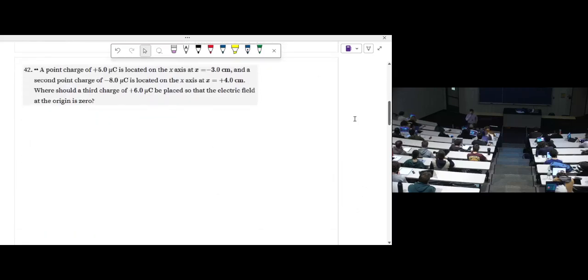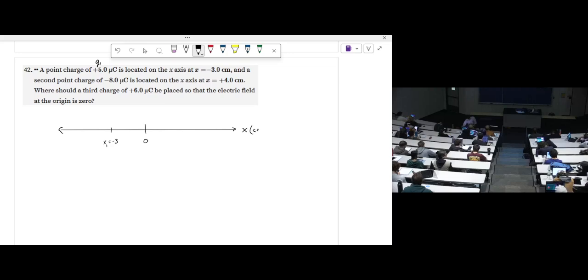A point charge of 5 microcoulomb is located on the x-axis at x equals -3 centimeters. So here's my x-axis. Let's call this 0. I'm going to call this Q1. Q1 is here. X1 equals -3, and this is in centimeters.